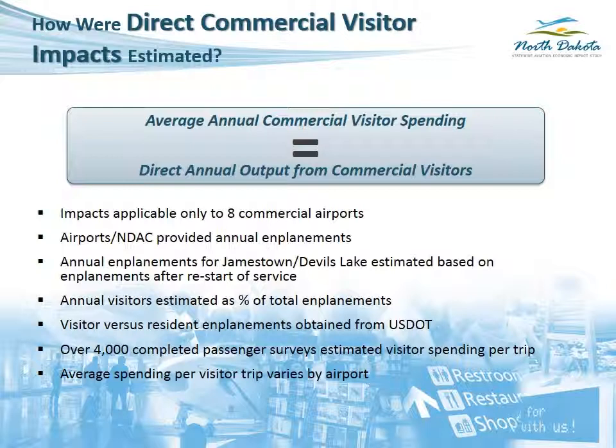These surveys provided detailed information on how long commercial visitors stay per trip and how much they spend during each visit for hotels, food, ground transportation, entertainment, and retail shopping. Spending by commercial visitor trip differs by airport. Spending patterns per trip for each airport are presented in the study's technical report.